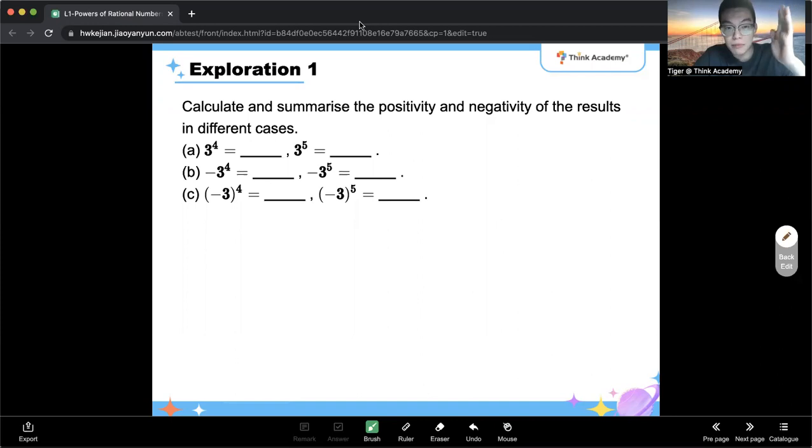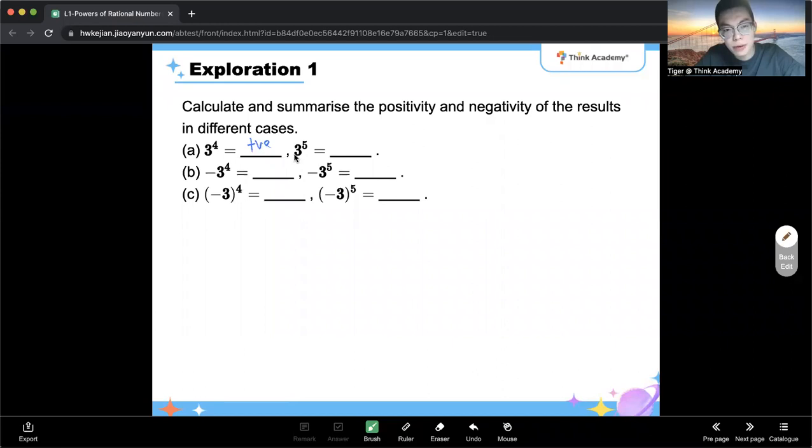So you can just type a plus or a minus in the chat box. Yes, very good. It is going to be positive, right? It is going to be positive because it is a positive base. So it doesn't really matter what the power is.